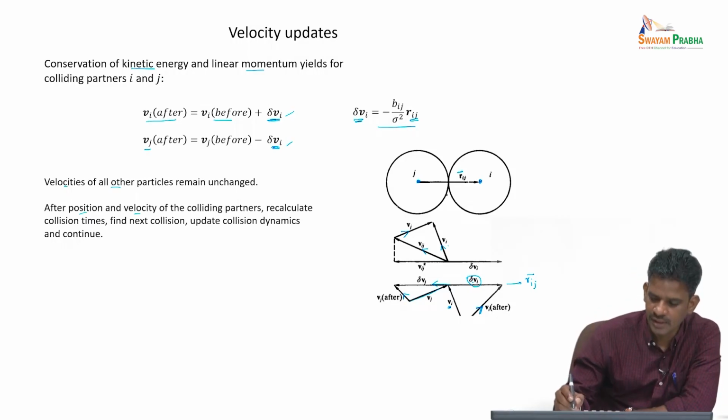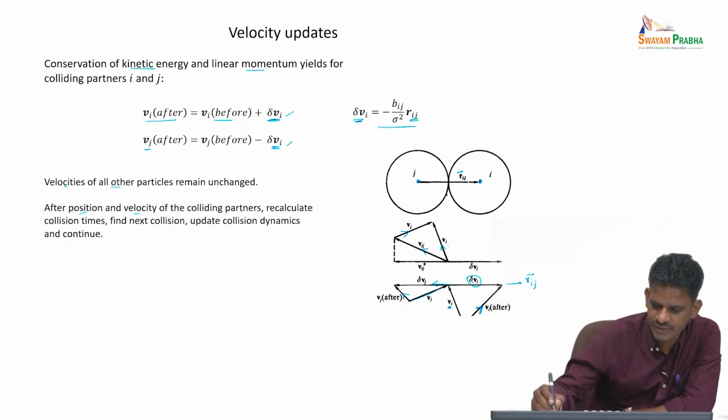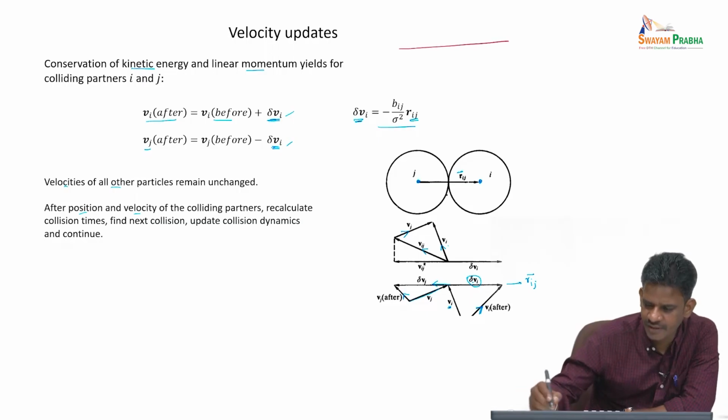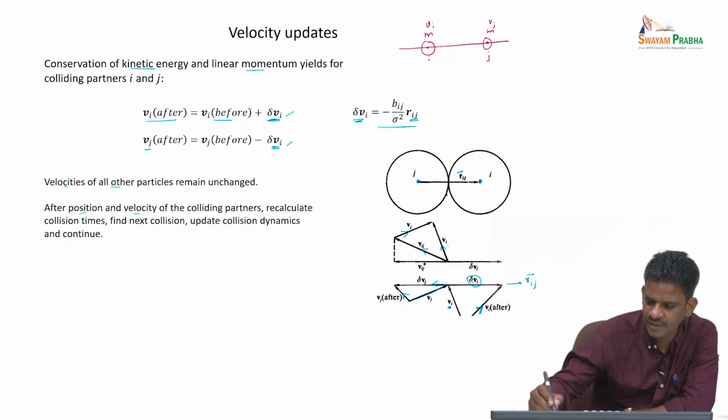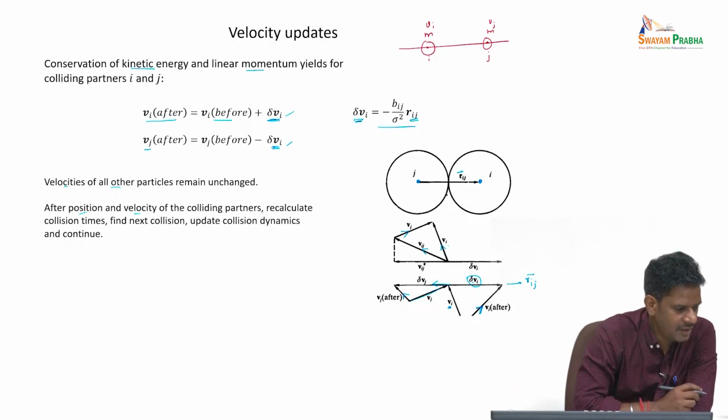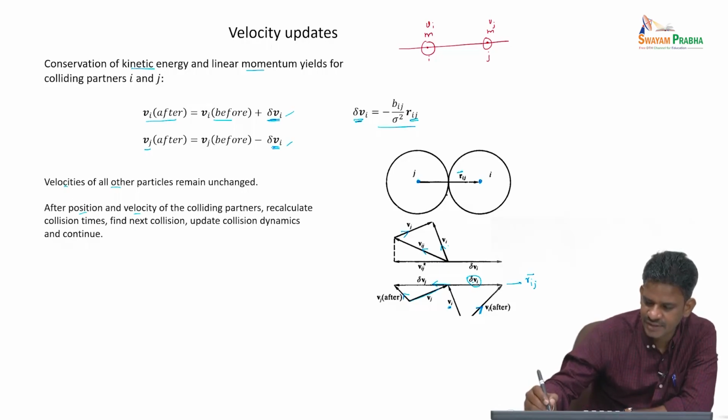So what you can do is to see this principle, you can take a one-dimensional model. You take a particle I and particle j, with the mass m and the velocity vi and vj, and then if you look at the conservation of momentum and kinetic energy, you will see that after collision the vi prime will be equal to vj, and vj prime will be equal to vi.